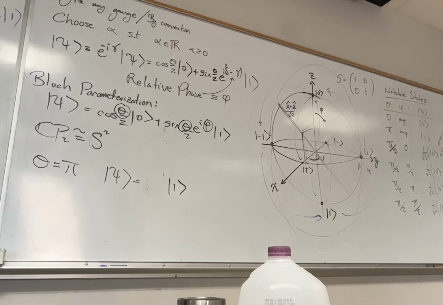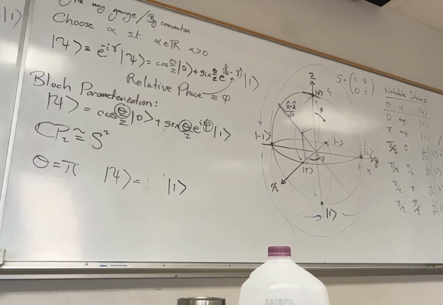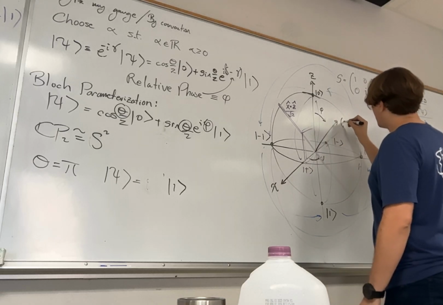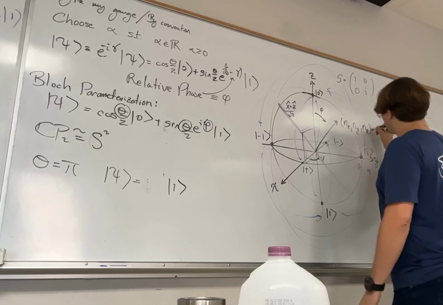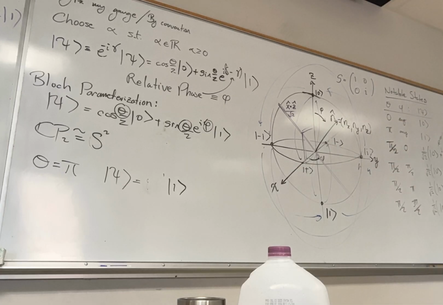Let me leave you with one last little piece of information. What do you think is the formula for the arbitrary rotation around an axis by an arbitrary angle? If I define an axis by stating a normal vector, n x, n y, n z, call that n hat, what do you think is the equation for that operator that goes around that clockwise by pi, or pardon me, by an angle theta?